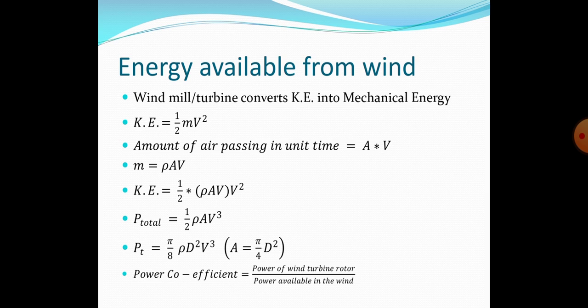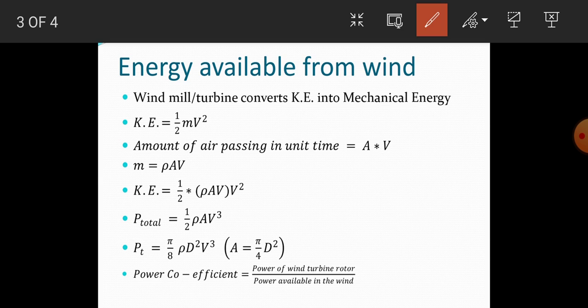That power is kinetic energy. So a windmill or turbine converts the kinetic energy of the wind into mechanical energy. The total power of the wind stream is equal to the rate of kinetic energy.